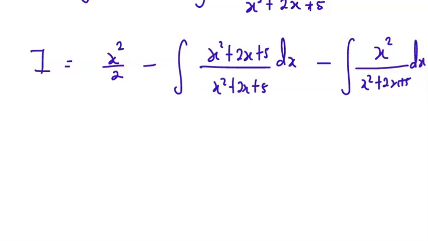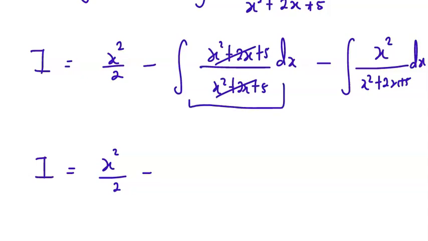So it is really cool for you to know that these both get cancelled, and then we have I equal to x squared divided by 2 minus the integral of 1, because we have 1 left over here. So the integral of 1 dx will just give us 1 times x, which is just x, right? And then we have minus. Is that minus? Yeah.